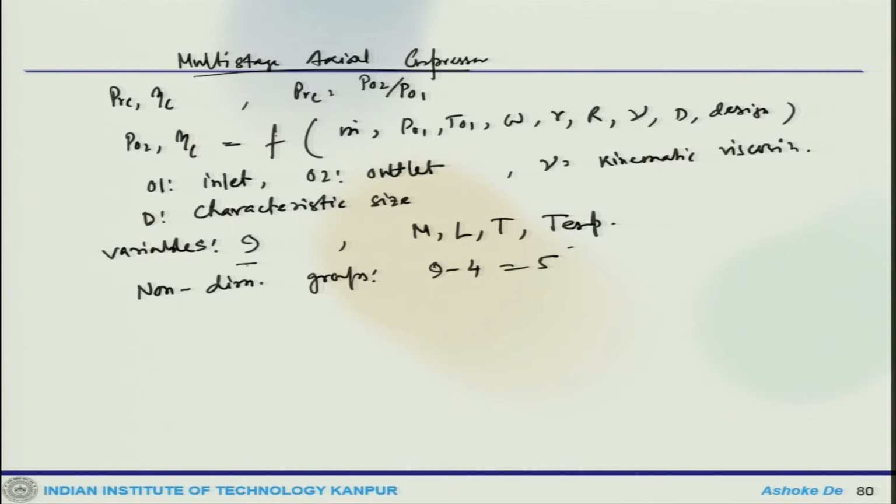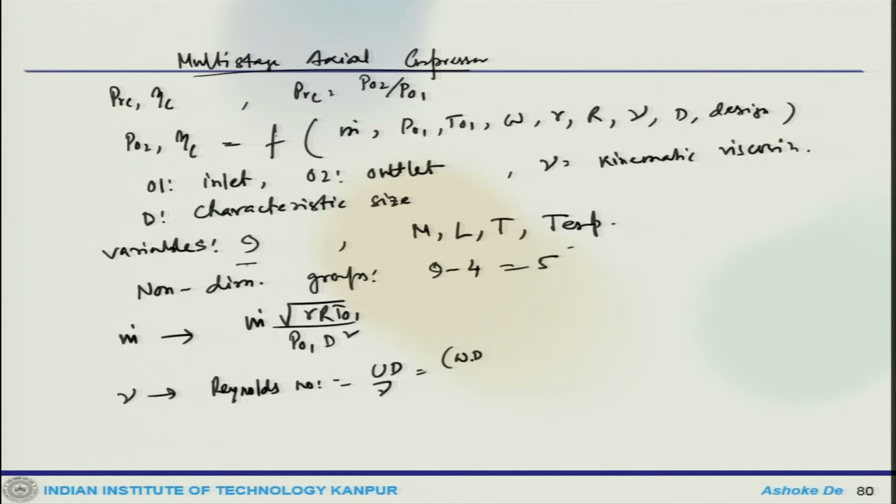Now, gamma and design are dimensionless, so we need 3 more dimensionless groups: m dot root of gamma R T naught 1 divided by P naught 1 d square; nu corresponds to the Reynolds number, u d by nu, which is omega d square by nu; and work would be omega d by root of gamma R T naught.